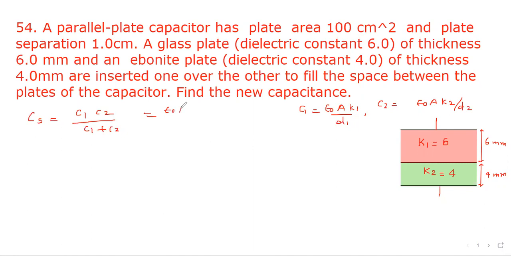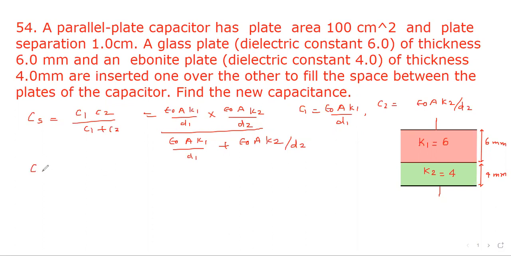So epsilon naught A K1 divided by D1 multiplied by epsilon naught A K2 divided by D2, whole divided by the sum of the two, epsilon naught A K1 divided by D1 plus epsilon naught A K2 divided by D2.